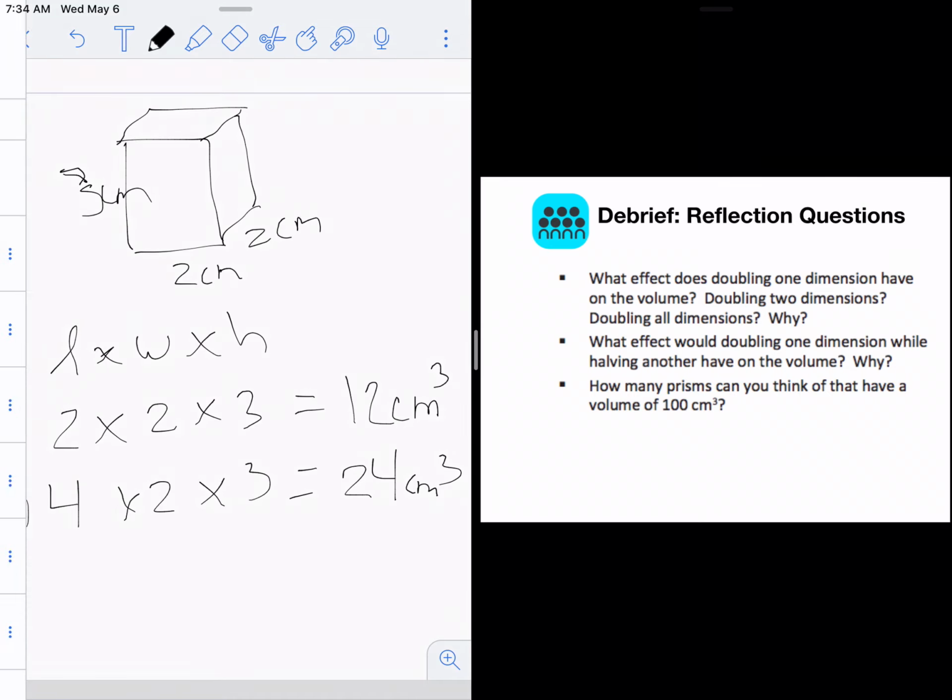Okay, if we do 2 dimensions, here's what it looks like. We're going to keep our length doubled, which is 4. Our width we're going to double now, which is 4, and we're going to keep our height of 3. 4 times 4 is 16.